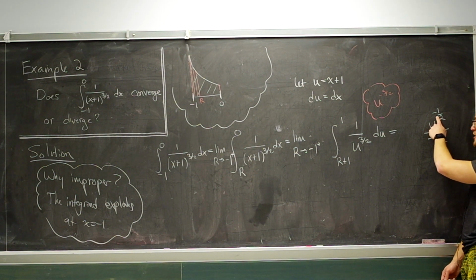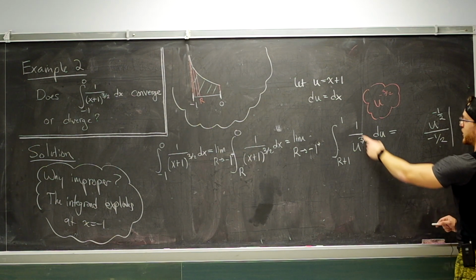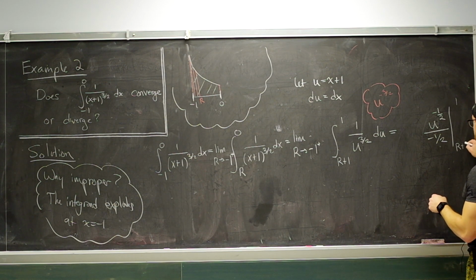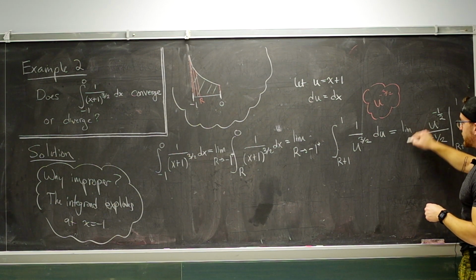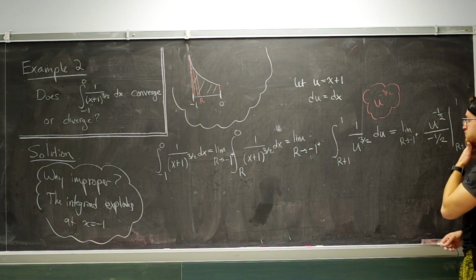Increase the power to -1/2, divide by the new exponent, evaluate at 1 and r plus 1, and then take a limit as r goes to -1 from the right. Okay.